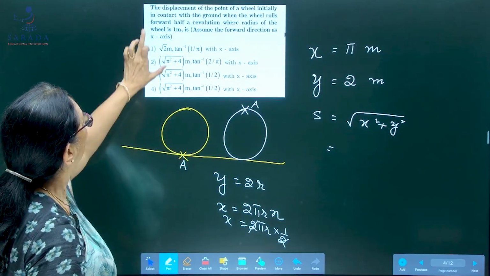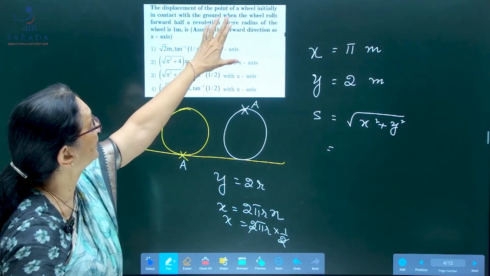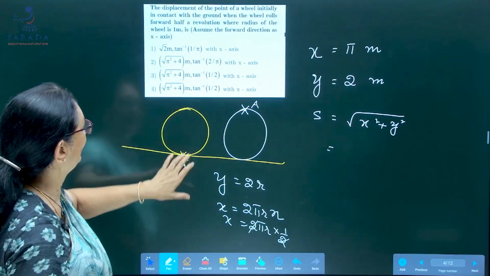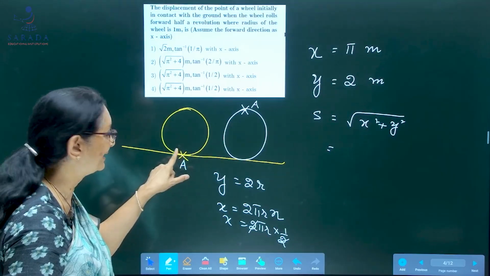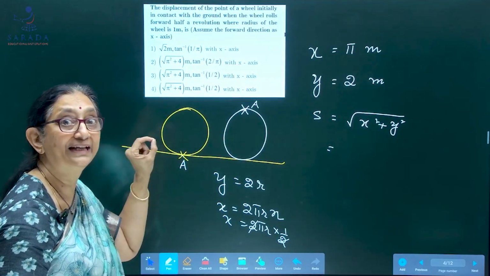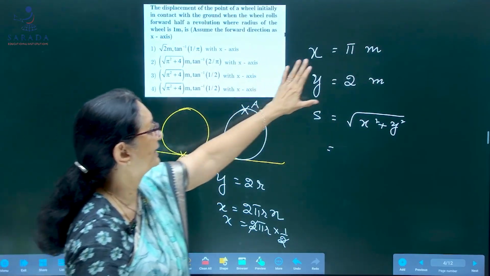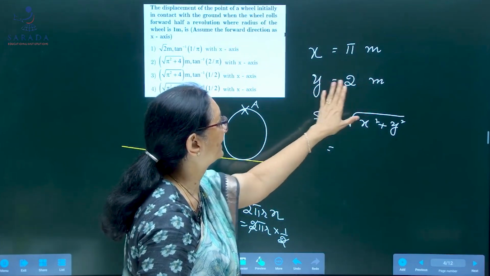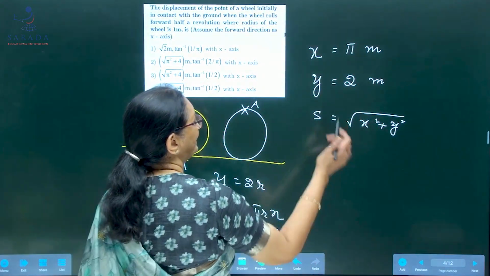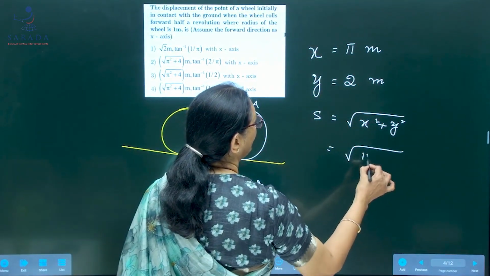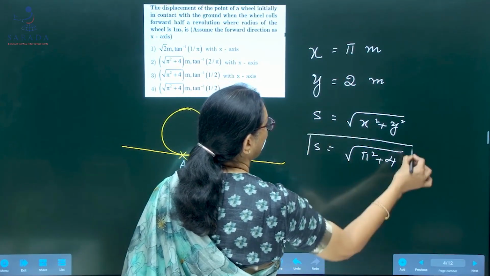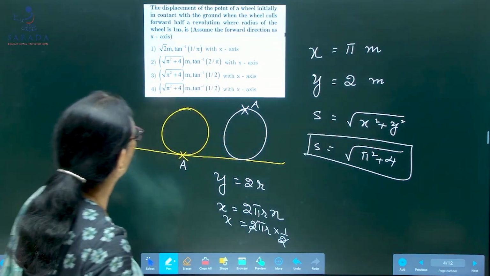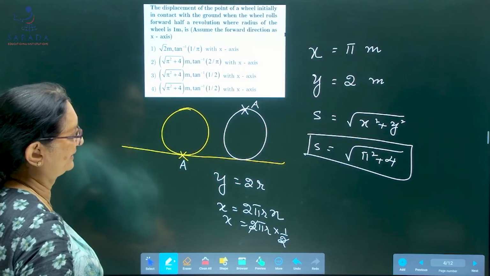See, the displacement of the point of the wheel initially in contact with the floor. So we are interested in the displacement of the point A. Its horizontal displacement is pi, vertical displacement is 2, net displacement is root of pi square plus 2 square, that is root of pi square plus 4, which is the correct answer.